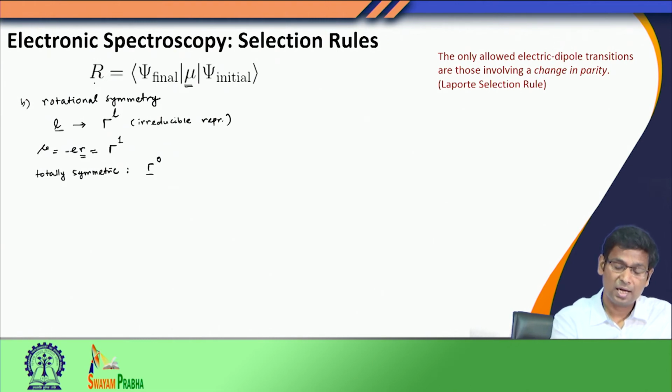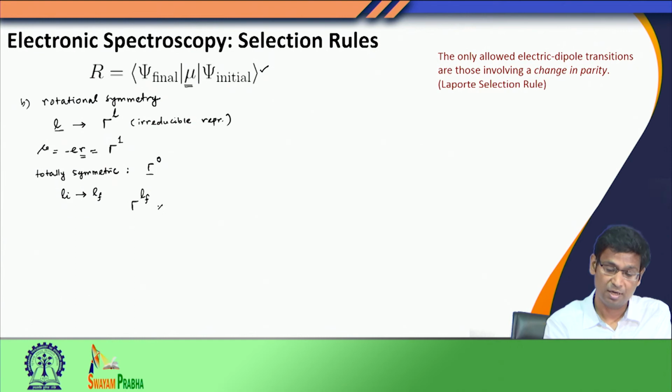Now, we will consider this expression here and find out what is the symmetry of the transition dipole moment. Again we are going from Li to Lf. So, the symmetry of the transition dipole moment will be gamma Lf, direct product of gamma 1, because that is the symmetry of the operator, and gamma Li. Now, I have these direct products to consider.